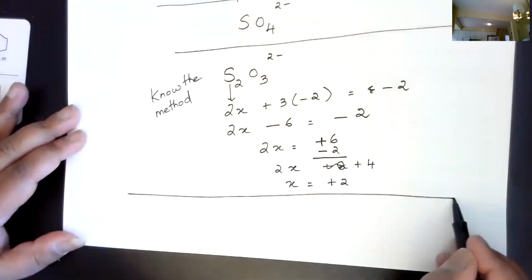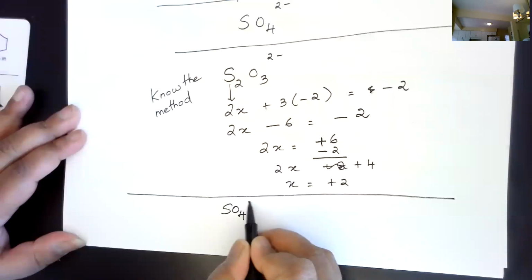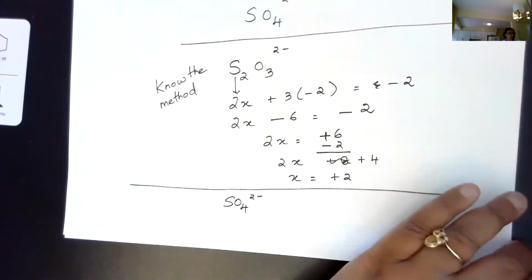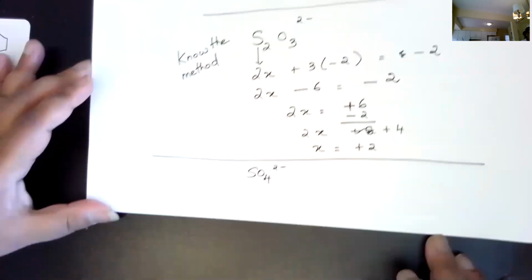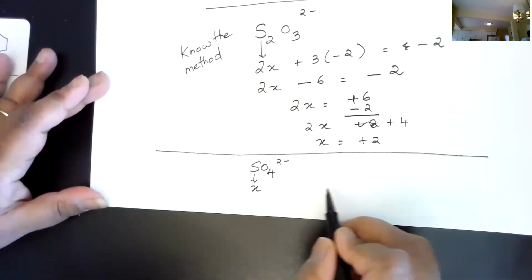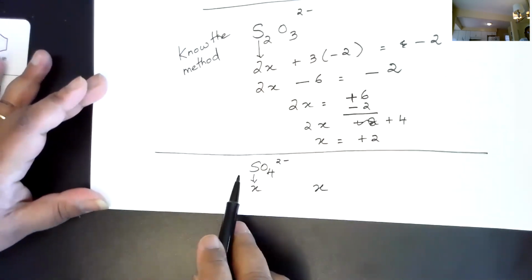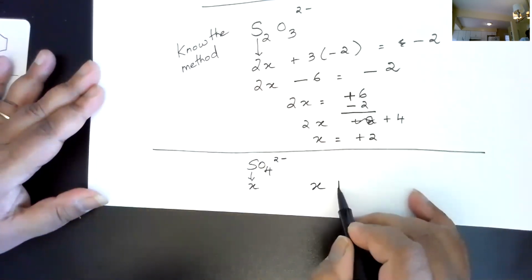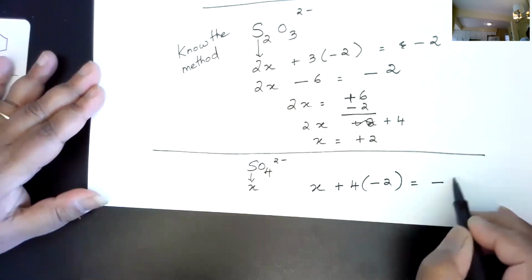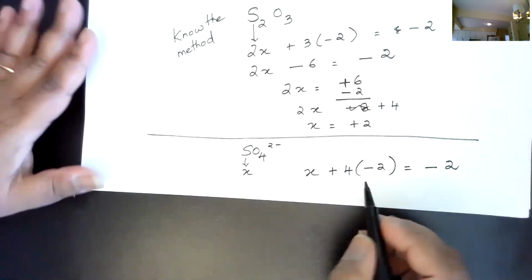Can you try it for the sulfate? That one is +6. So this is X, there's only one sulfur, everybody listening? Plus there are 4 oxygens and each oxygen is -2, and the total charge is -2.